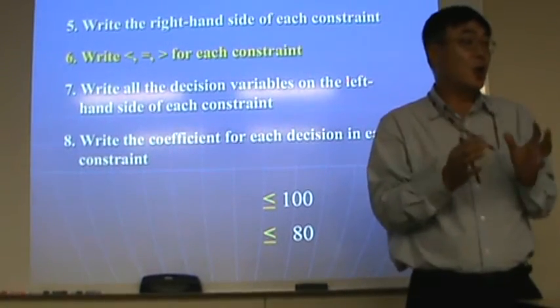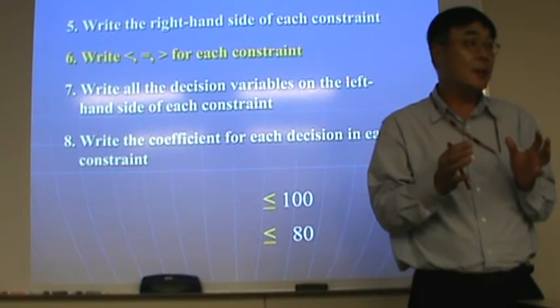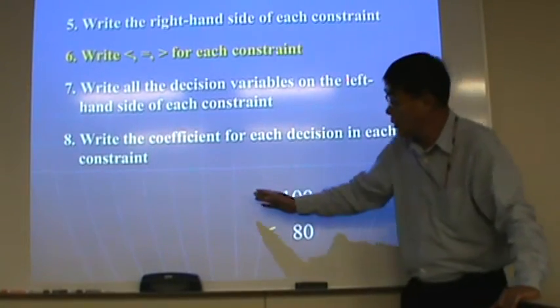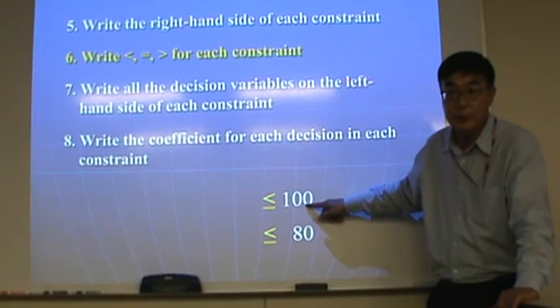Up to 100. So availability. So we can use up to 100. Left hand side is less than or equal to 100. Availability.